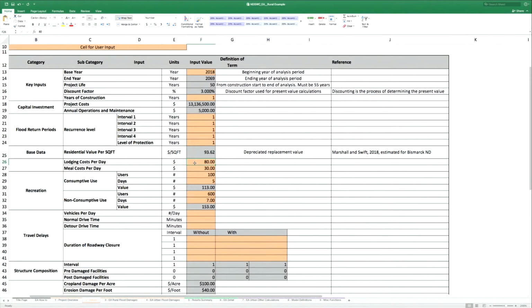That's usually a generally accepted approach to valuing displacement costs during flood activities, but also for volunteer hours for flood fighting too. So that's the reason why those values are in here. You can modify them as needed, but I didn't delete them since we're doing the rural example, but they don't have a role in this particular calculation.